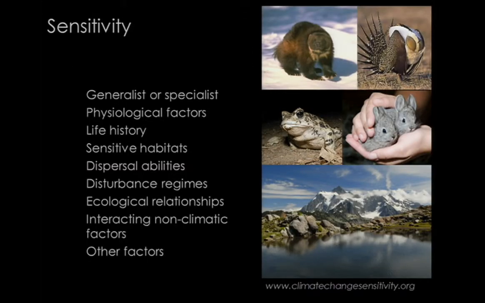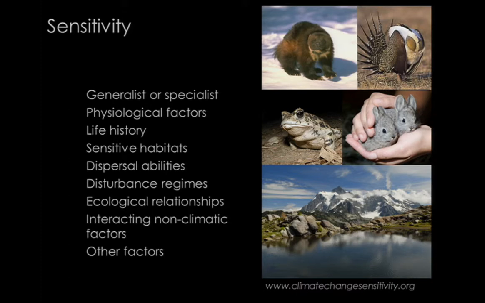Then we had to come up with how to define or assess inherent sensitivity to climate change for species. Systems is kind of different, but I'm just focusing on species today. So we came up with a laundry list of factors and had to boil it down because we couldn't do them all.